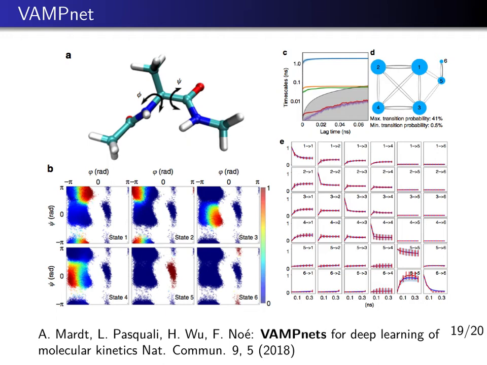And the interesting result is that although the network has no direct information about angles or torsion angles, or that torsion angles are somehow important for this molecule, it learns a transformation of the Cartesian coordinates, a nonlinear transformation, such that the torsion angles are effectively identified.